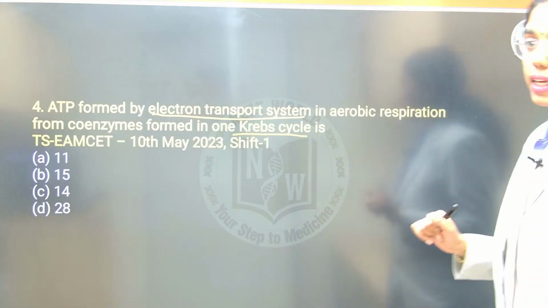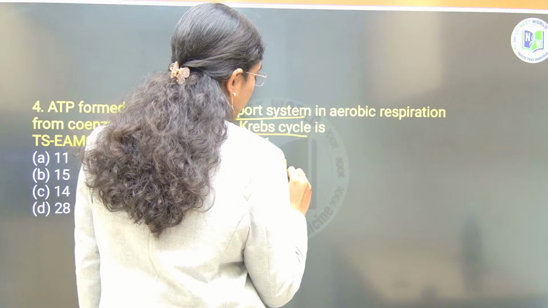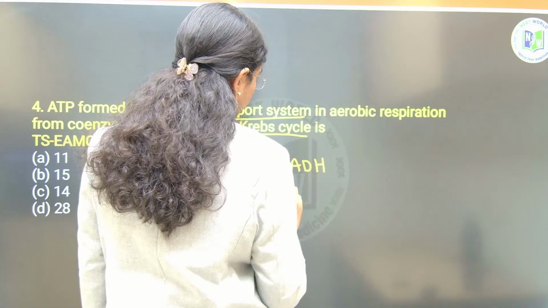Only from the Krebs cycle. In one Krebs cycle, 3 NADH are released and 1 FADH2.